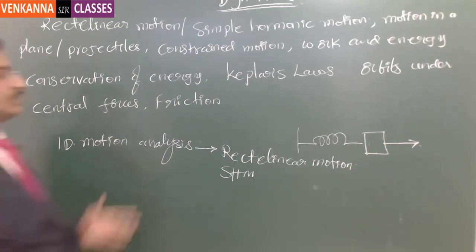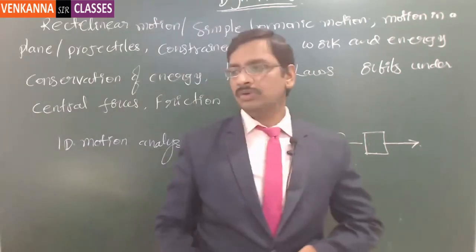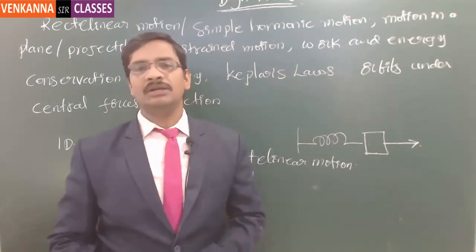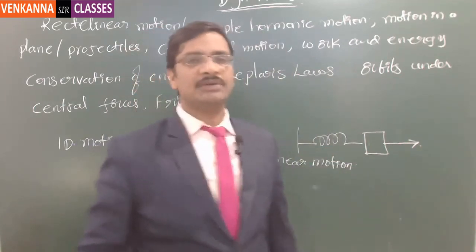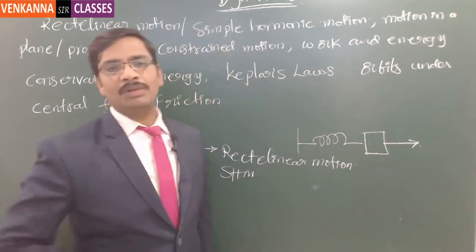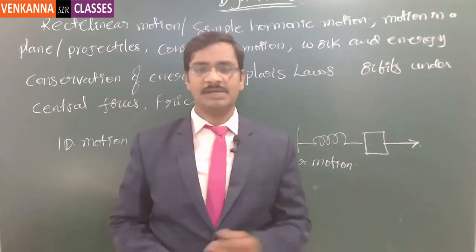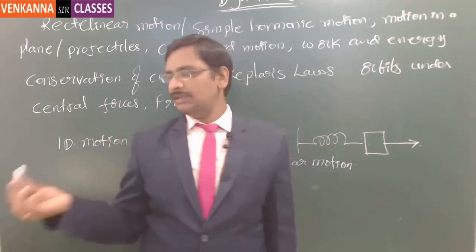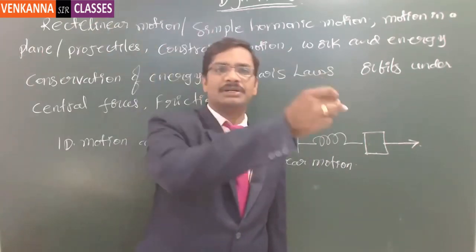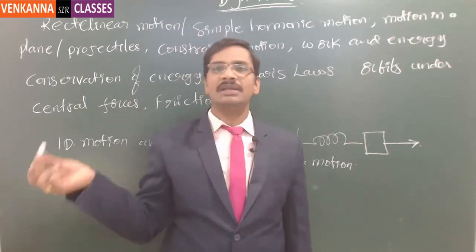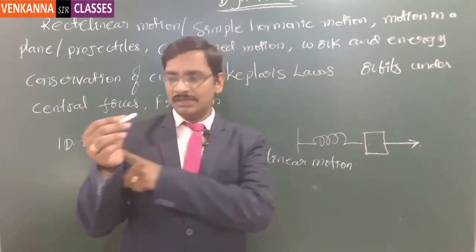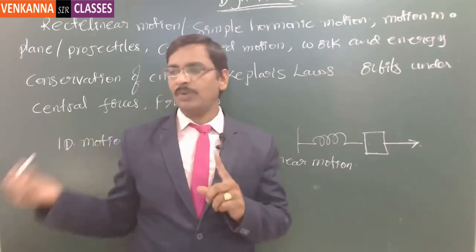So this is one-dimensional motion. Immediately we can think of two-dimensional and three-dimensional, right? So two-dimensional motion is nothing but any generic motion which is on a plane. For example, if I throw this chalk piece like this, then this chalk piece will travel in this direction. That means if you notice at any instant of this particular chalk piece, there is some associated height and there is an associated length from the point of displacement.